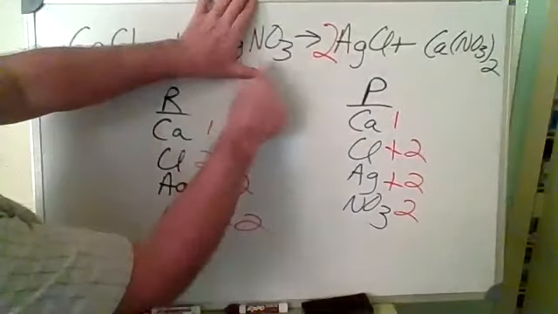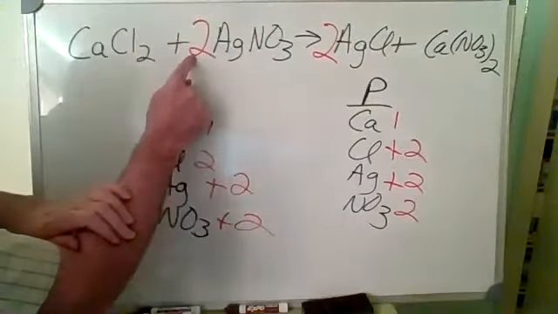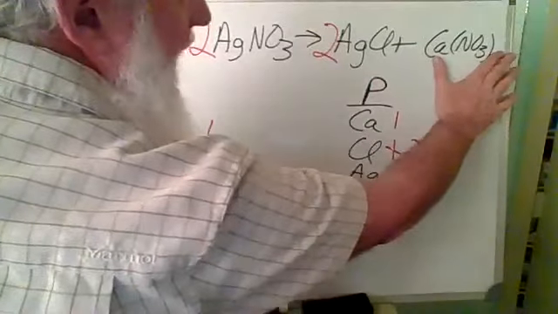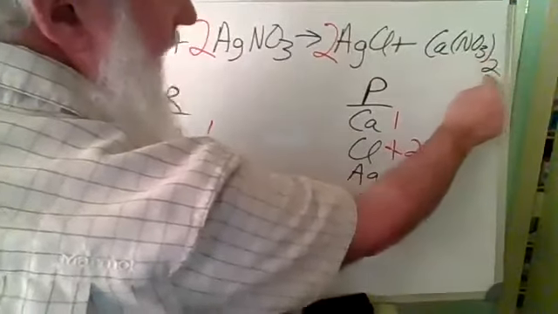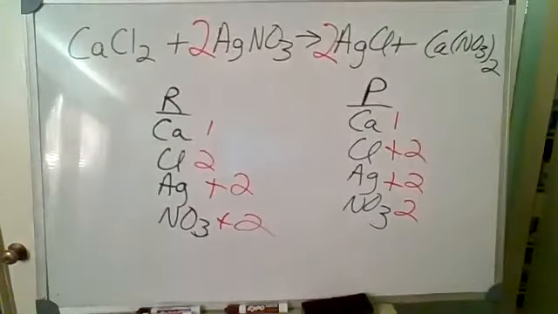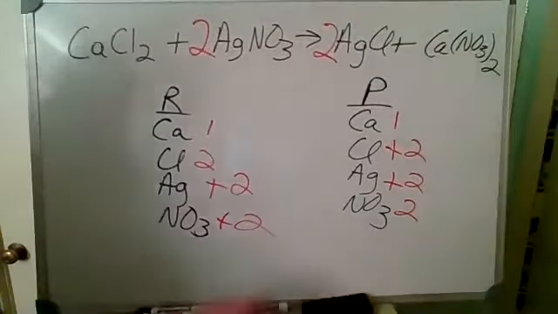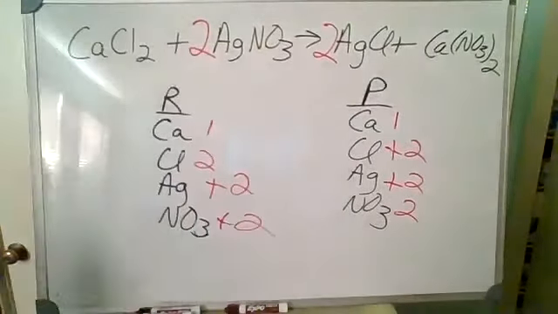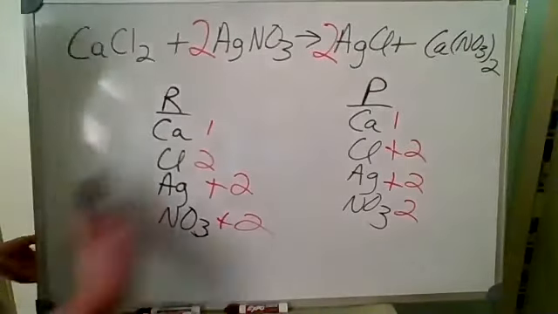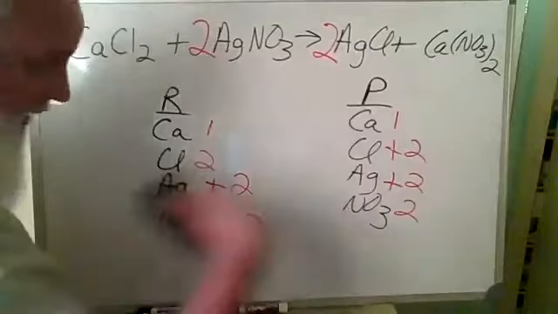There's my 1 nitrate times 2 is 2 nitrates. Here I have a coefficient of 1. There's 1 nitrate, 1 nitrate times 2 is 2 nitrates. I'm balanced. So I can erase all this on the bottom and let's discuss what sort of reaction type this is. Can I erase this? Does anybody have any questions?